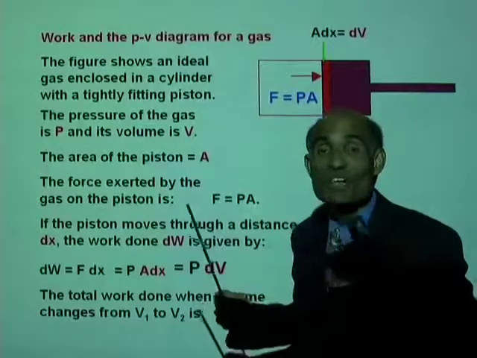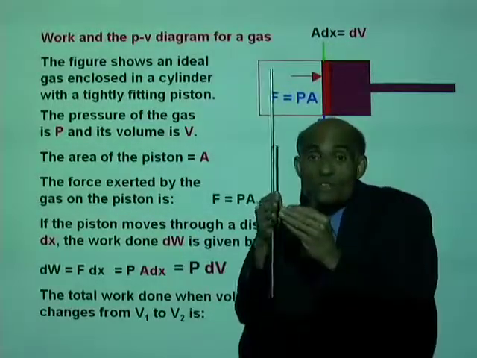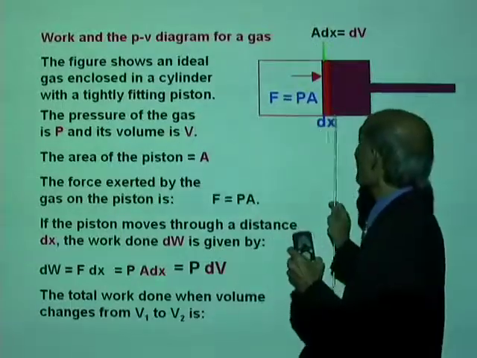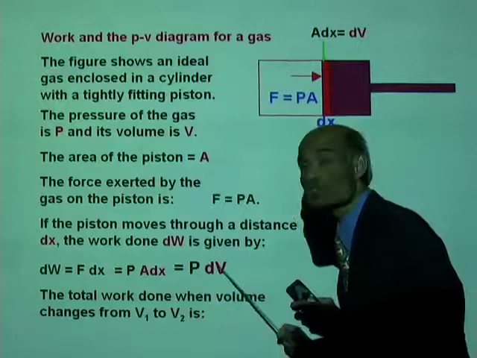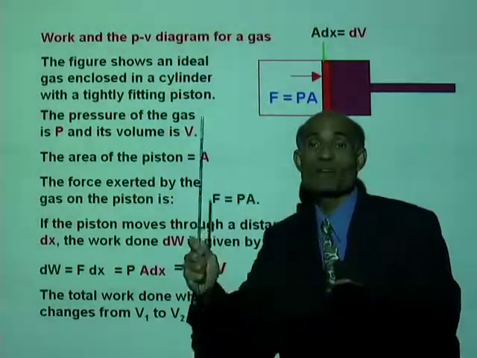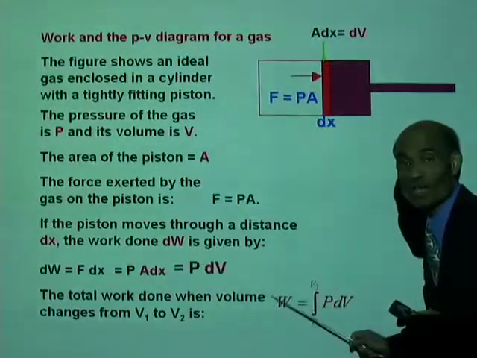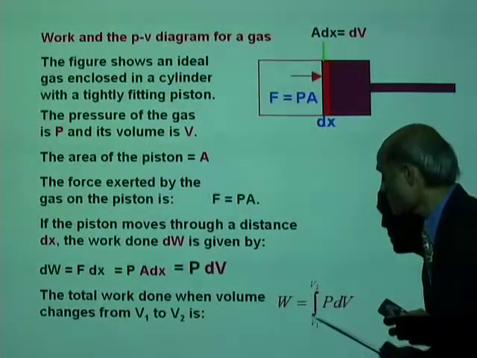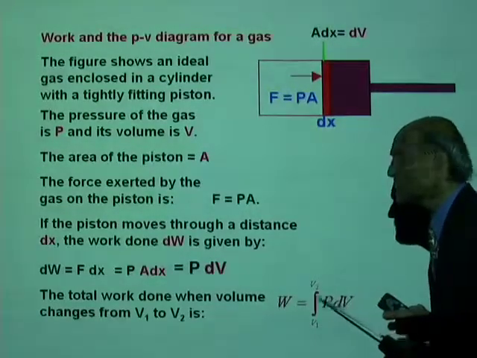The force does not remain constant. That is why we go in very small steps of displacement dx, and then integrate this whole quantity from V equal to V1 to V equal to V2. So the total work done is the integral from V1 to V2 of PdV.